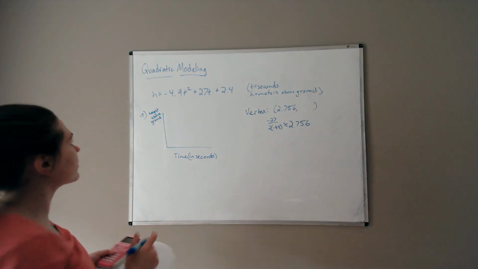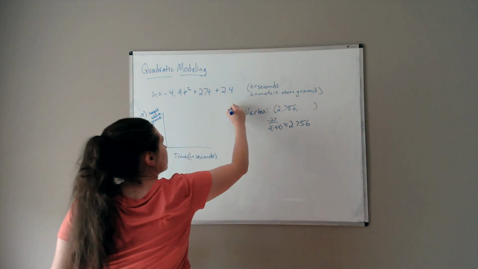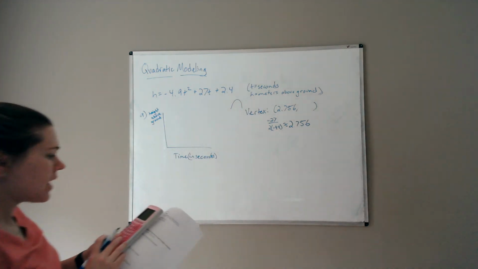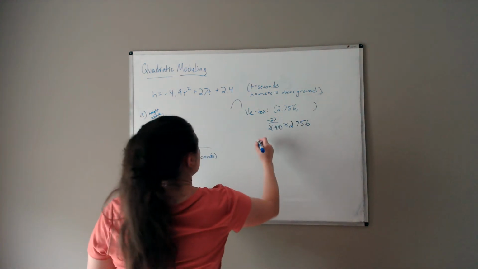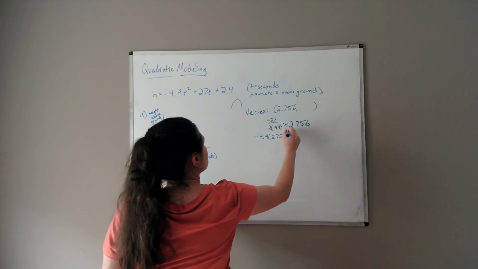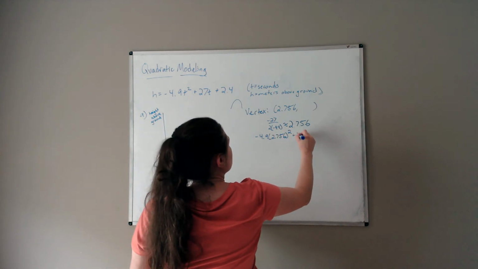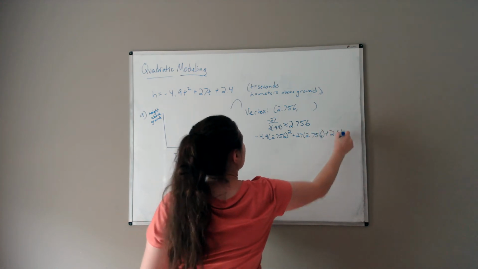Now remember, a is less than 0, so this is going to be a quadratic that opens downward, like this. And now we need to plug this in and get what the output is. So we have to do negative 4.9 times 2.756 squared plus 27 times 2.756 plus 2.4.